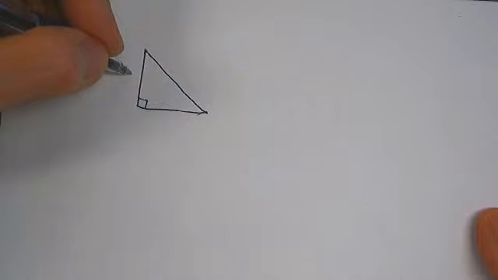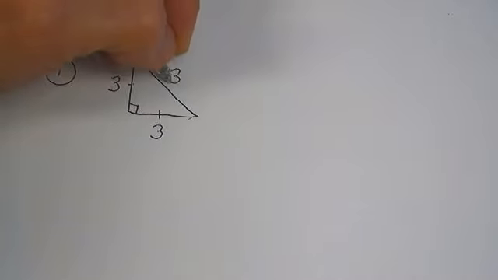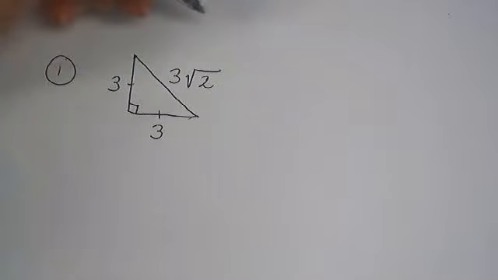If the side is 3, then the hypotenuse will always be 3 times the square root of 2.